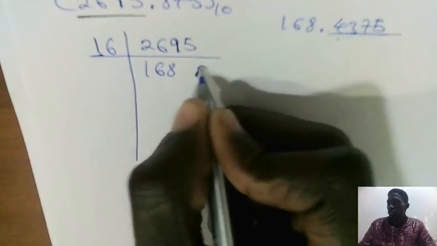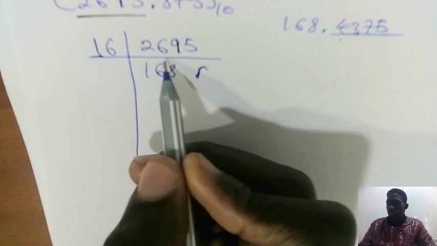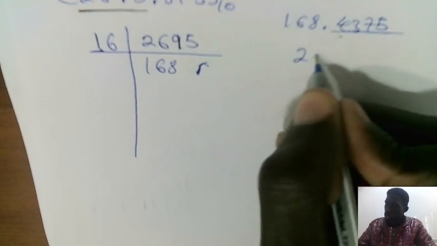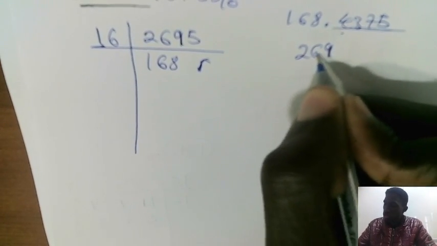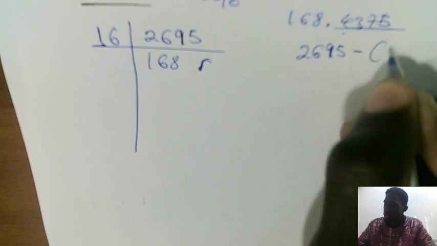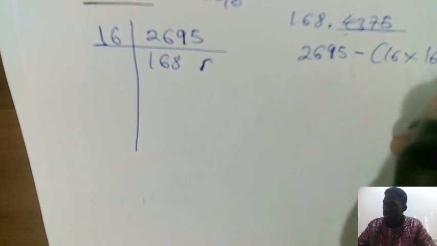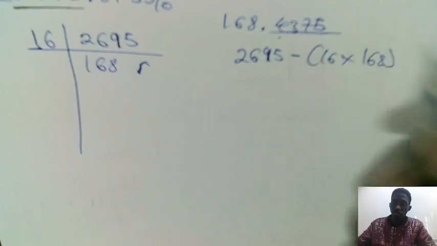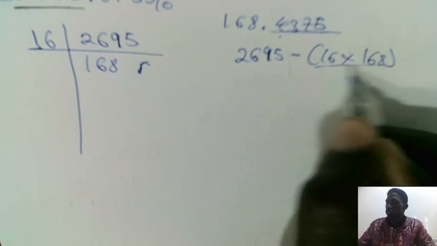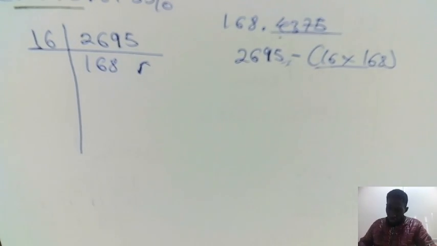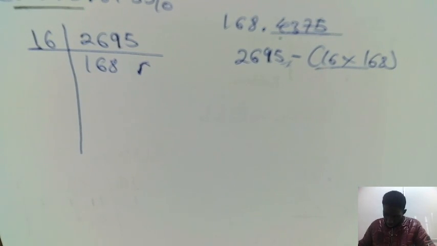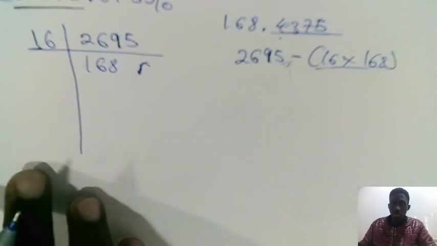So remainder what? It's very easy. You just do 2,695 minus 16 times 168. So this gives us the remainder. The remainder is 7.